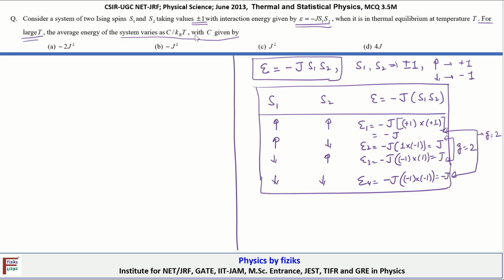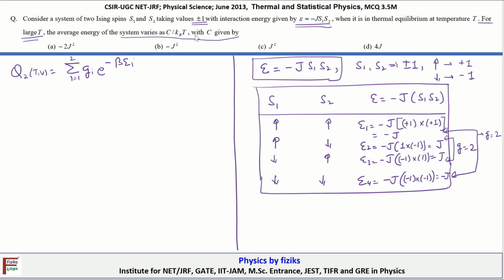Okay, so therefore the respective partition function for this system, Q2, because we are having two spins, Q2 is equal to the sum of gi exponential minus beta Ei, where i can take values from 1 to 2, because we are having only two energy states here.